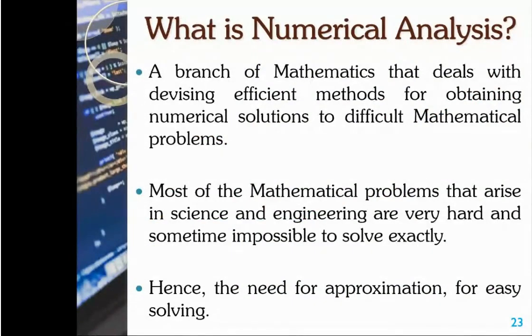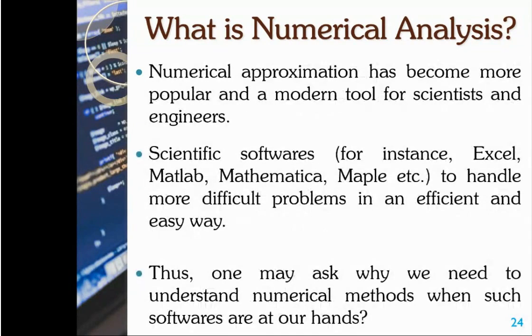However, for those of us in renewable who are not so much into programming, basic software that we could think of will be Excel and the others, which we could also use. So software like Excel, MATLAB, Mathematica, Maple, all could be used in solving these kinds of problems.